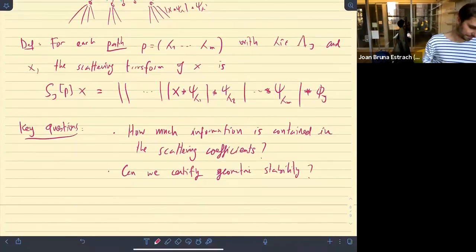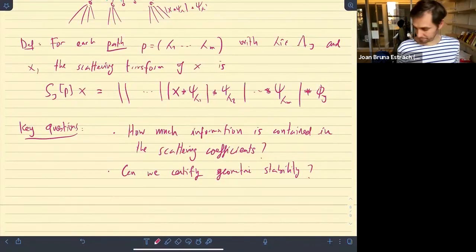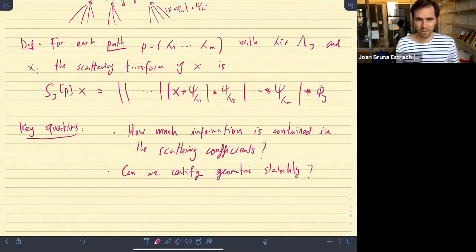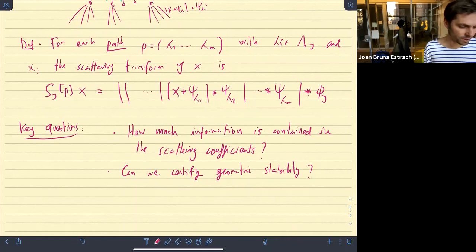Okay. And so for the first one, I can maybe tell you a little bit in terms of the amount of energy that is contained, like the amount of information that is contained.